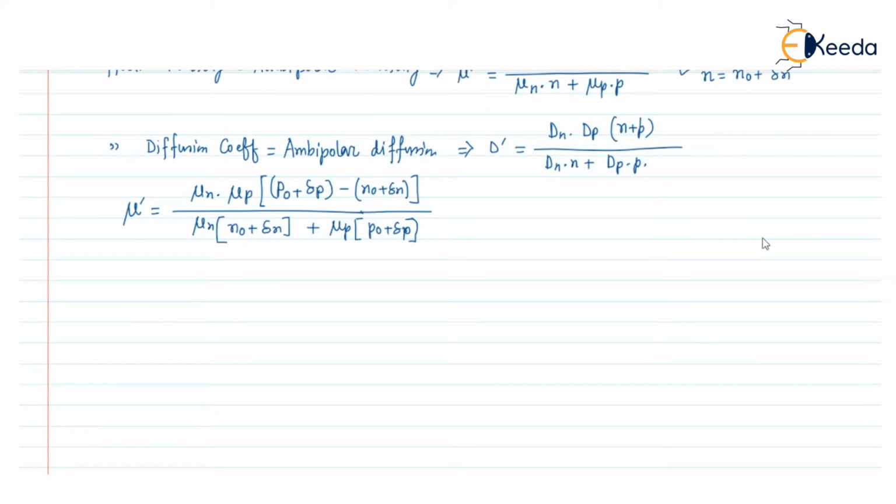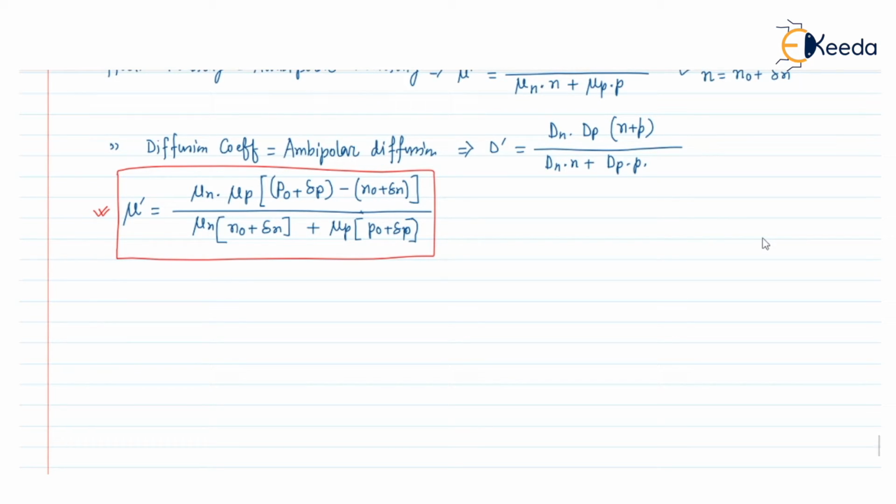So this is the value of the ambipolar mobility, and this is a very important term in ambipolar transport. If the ambipolar transport is happening due to the drift motion, then we have to use this effective value of the mobility.